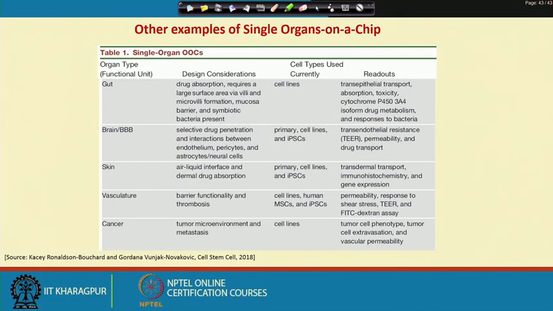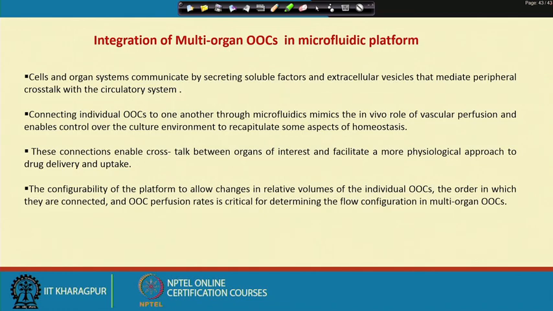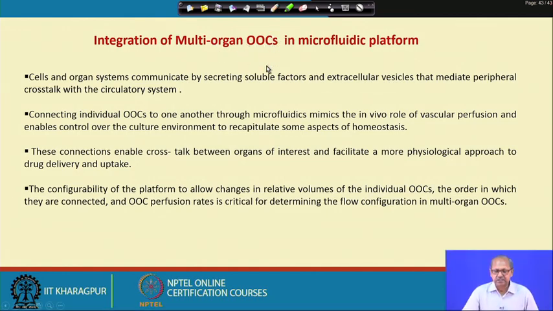So, after discussing organ on chips, now we come to how these organ on chips could be integrated to mimic different organ systems, how they are connected in our body. So, that is the integration of multi organ on chips through a microfluidic platform. Here the basic principle is communication between organs through soluble factors and extracellular vesicles that mediate peripheral crosstalk with the circulatory system.